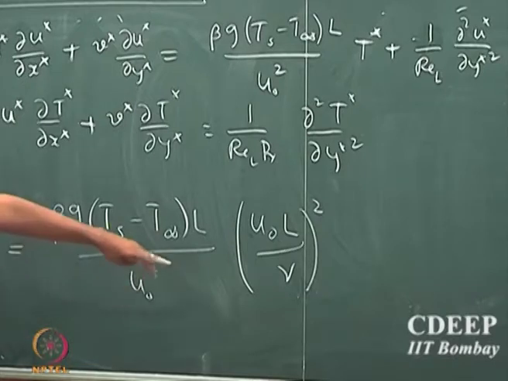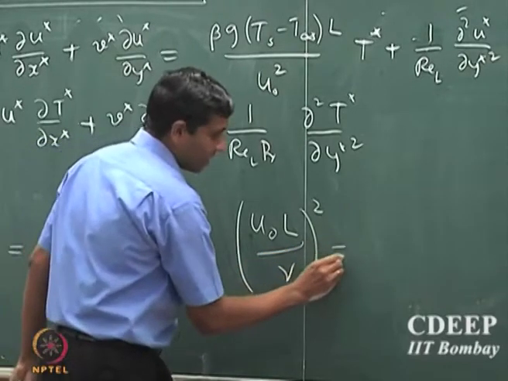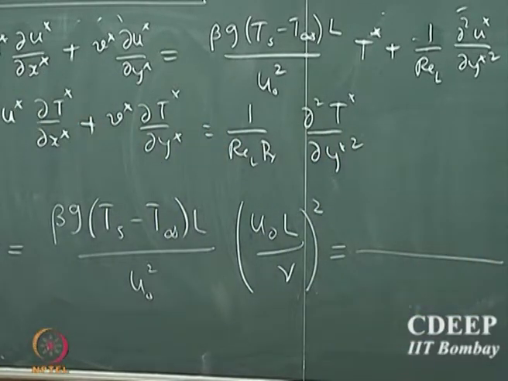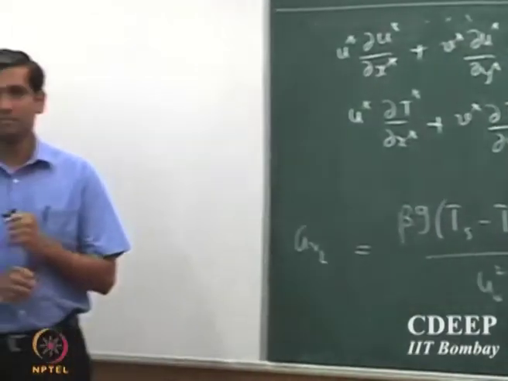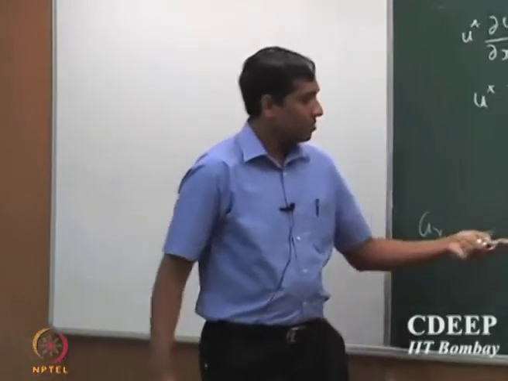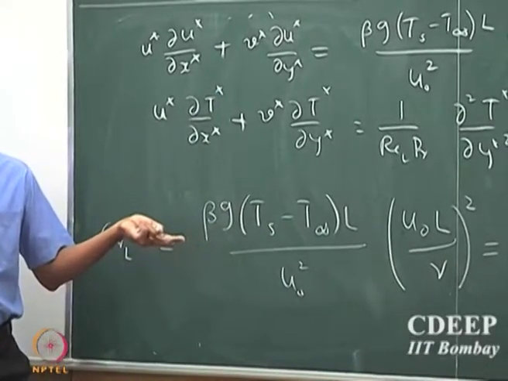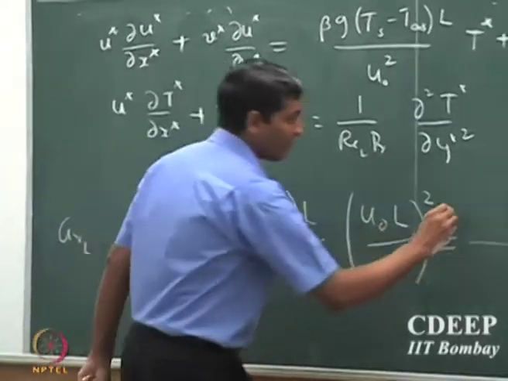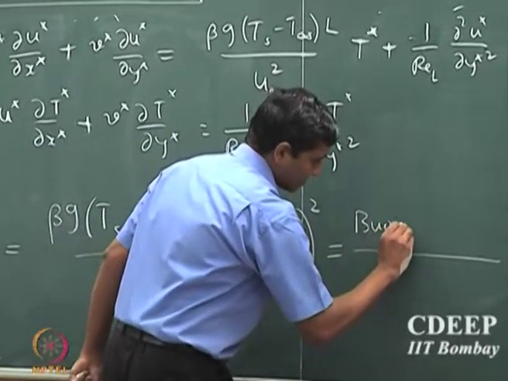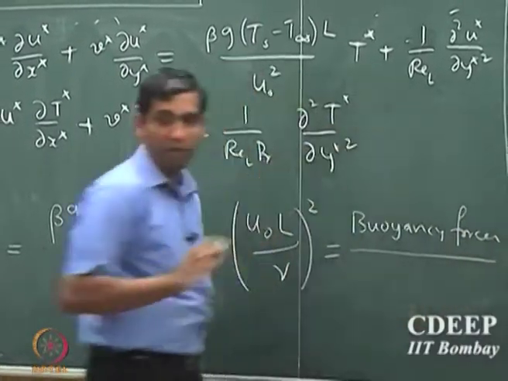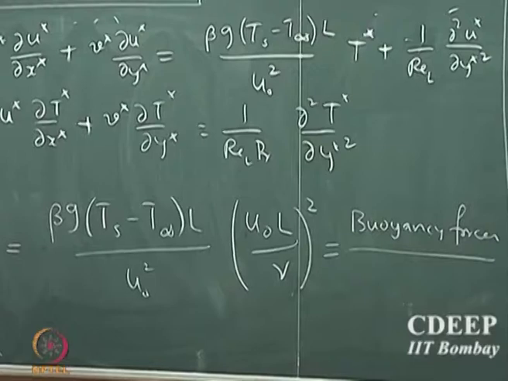So you get an expression which gives you the ratio of, can anyone guess? Beta times g, what does it signify? Gravity. So it is the buoyancy forces, or the force that the fluid is experiencing because of gravity.